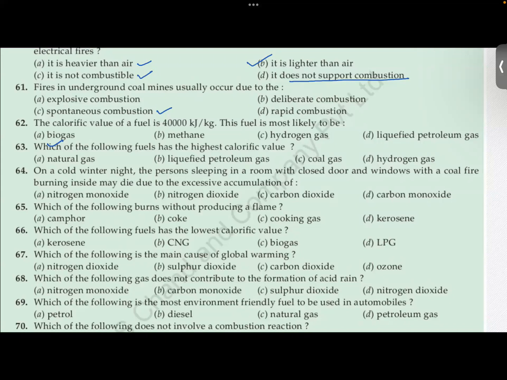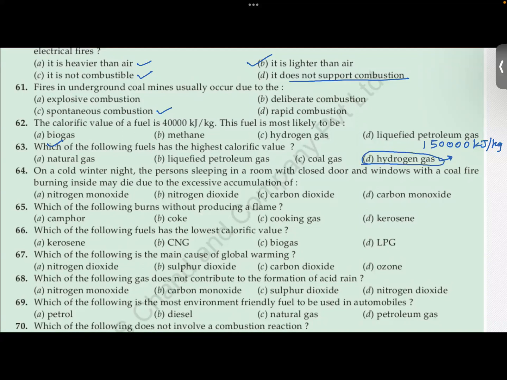No, no. Farhan, if you remember, the last fuel in the table was hydrogen gas, 1,50,000 kilojoule per kilogram. So that was the highest calorific value. Remember, out of all the fuels, hydrogen gas has the highest calorific value.